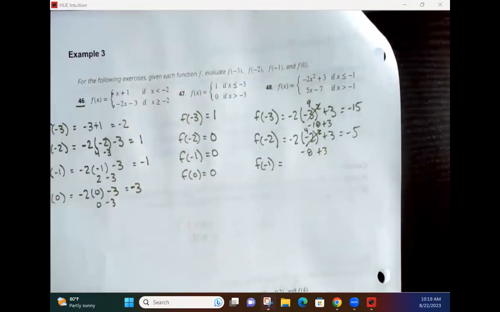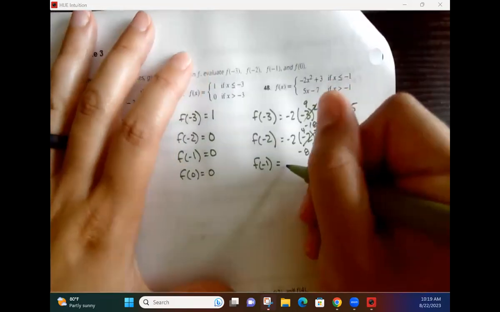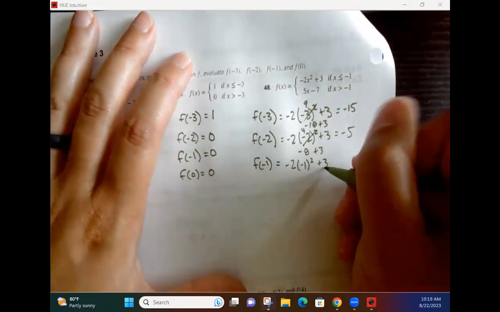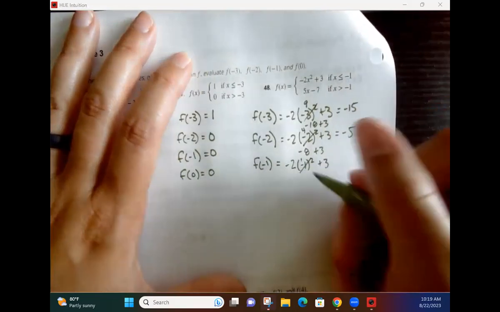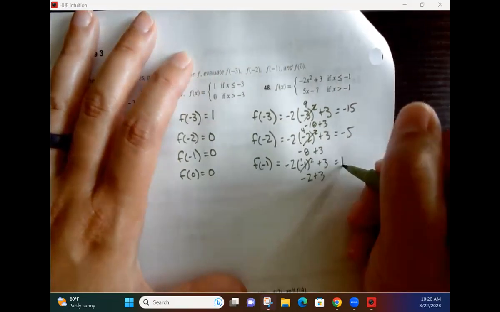For f of -1, top or bottom? Top again, because that's the section that includes -1. -2 times -1 squared plus 3. This would be 1. So -2 plus 3 is 1.